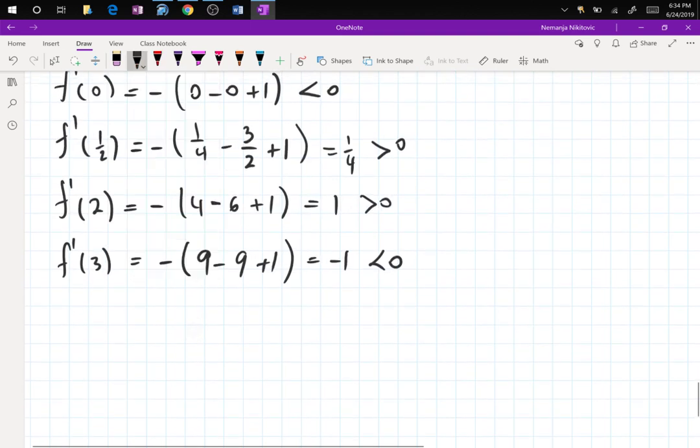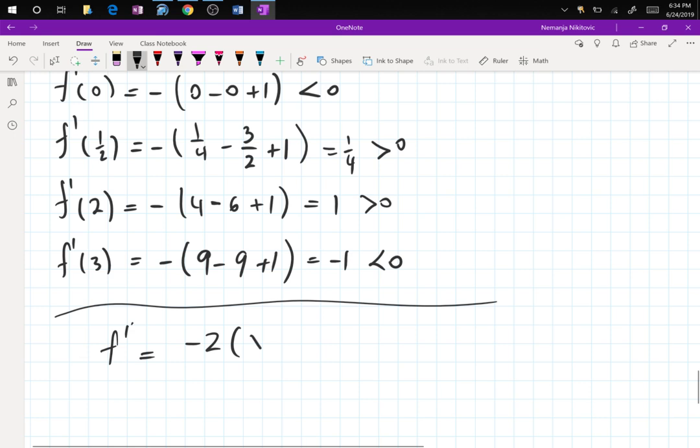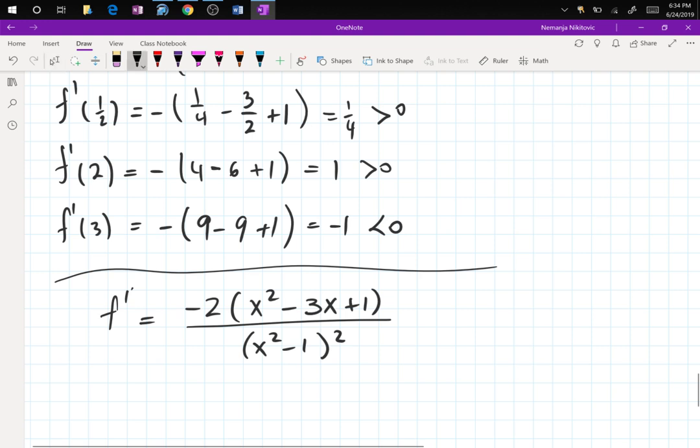Second derivative test. Well, first find the second derivative. So the first derivative f prime is equal to negative 2 x squared minus 3x plus 1 divided by x squared minus 1, everything squared. That's the first derivative. So now we find the second derivative.